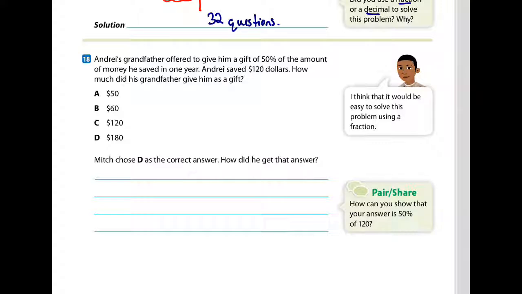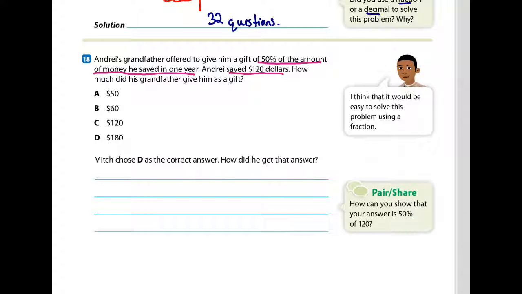Andrew's grandfather offered to give him a gift of 50% of the amount of money he saved in 1 year. So his grandfather's going to give him 50% of the amount of money he saved in 1 year. So Andrew saved $120. So remember, his grandfather's going to give him 50% of that. How much did his grandfather give him as a gift?